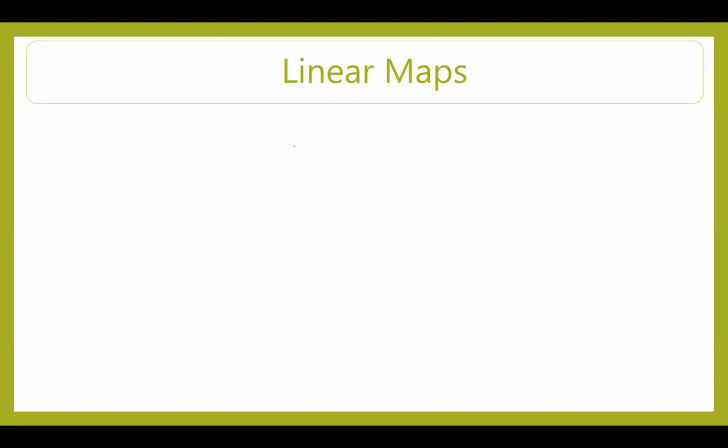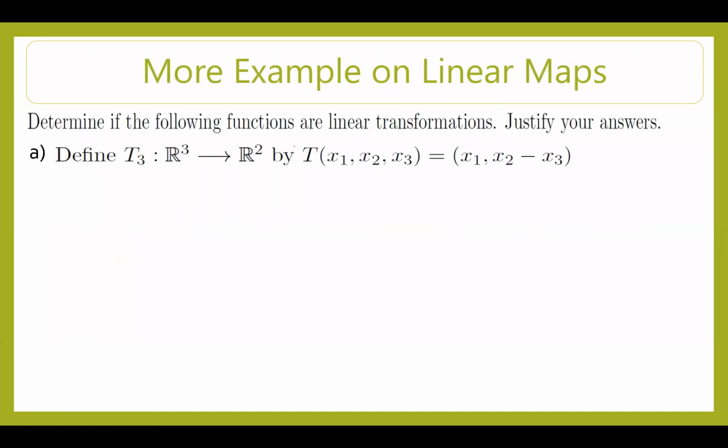All right, so let's go into some examples. This says, determine if the following functions are linear transformations, justify your answer. So I have a map T from R3 to R2, and it's defined this way. Now, like I said, it doesn't hurt to check T of 0.